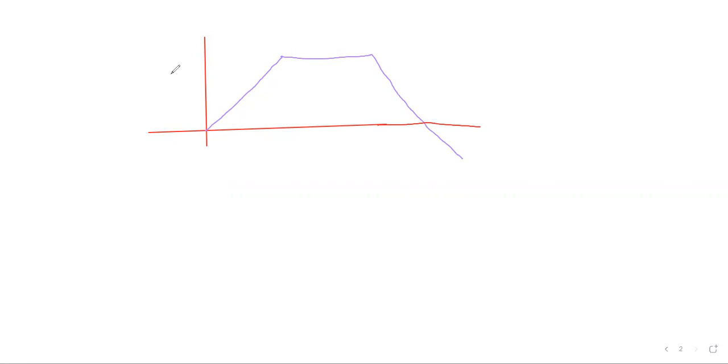We have here velocity in meters per second.